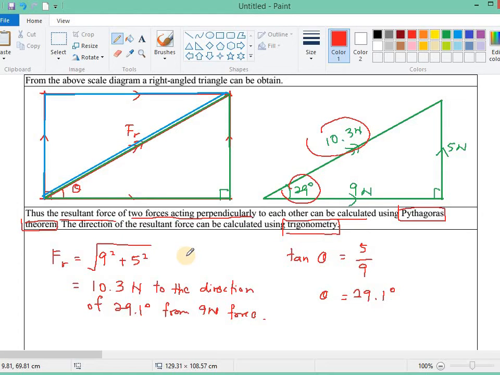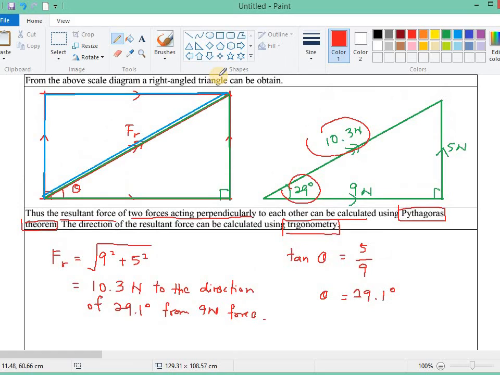Please don't think that, oh, I know how to calculate, so no need to learn how to draw. You must learn how to draw before you learn how to calculate, because the reason why we can calculate by using Pythagoras theorem and trigonometry is based on the parallelogram method.